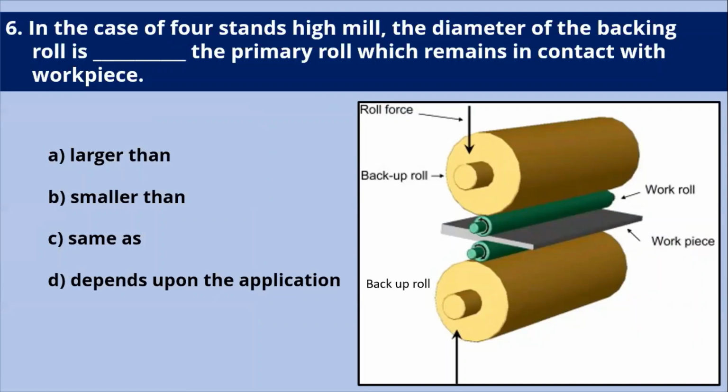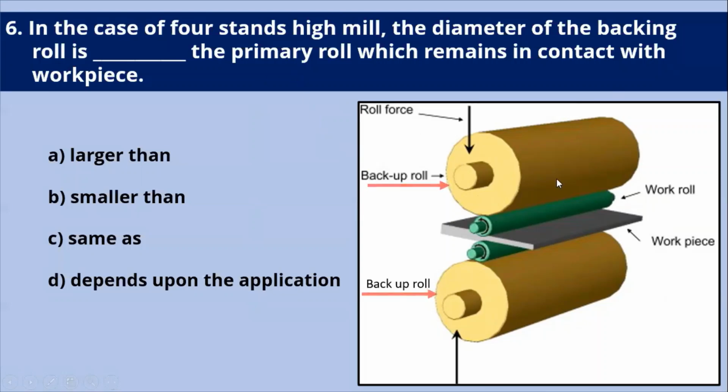In the case of 4-stand high mill, the diameter of the backing roll is dash the primary rolls which remain in contact with the workpiece. Now, even in such cases, the diameter of the backup roller is always higher than the working rollers, or I can say the primary rollers.